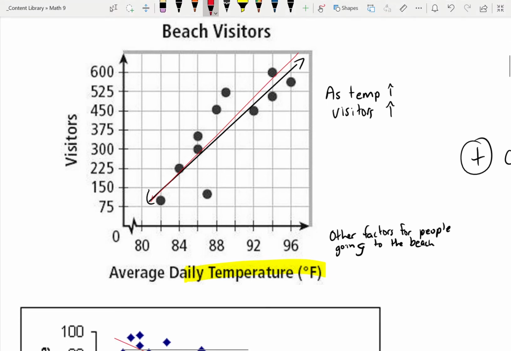So a couple thoughts. A big one is weather. Sure, temperature is a part of weather, but I might also look at whether or not it's sunny. Maybe this one was a rainy day and it just happened to be warm. That's going to reduce the number of people that go.